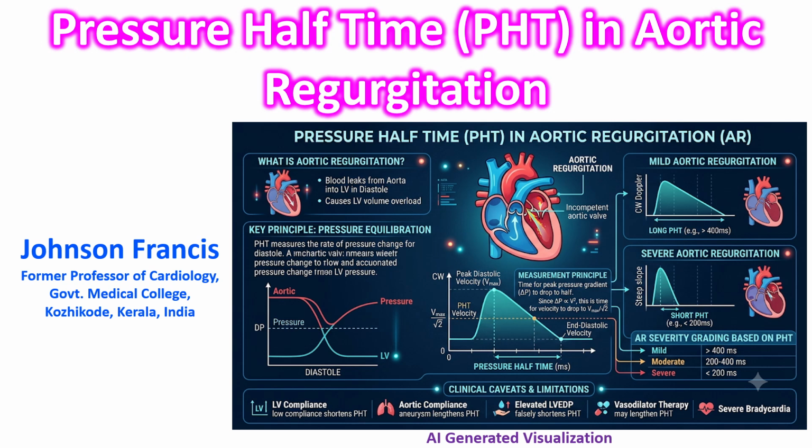Pressure half time is a core echocardiographic parameter for assessing the severity of aortic regurgitation. It measures the time it takes for the peak diastolic pressure gradient between the aorta and the left ventricle to drop to half of its initial value.